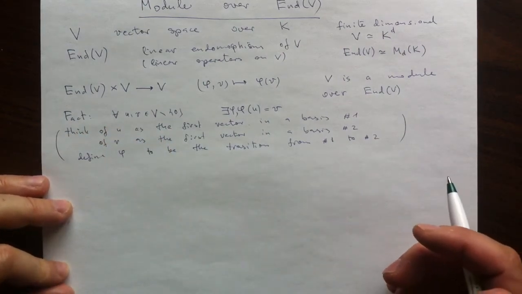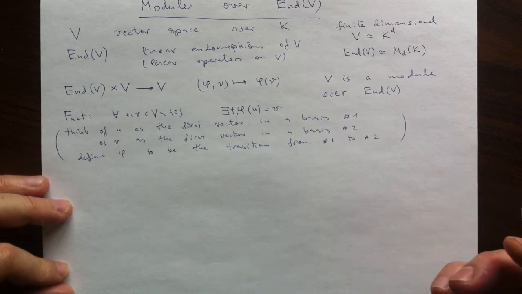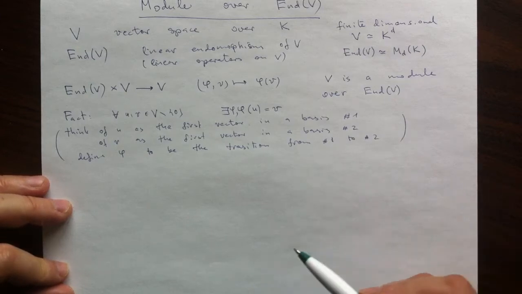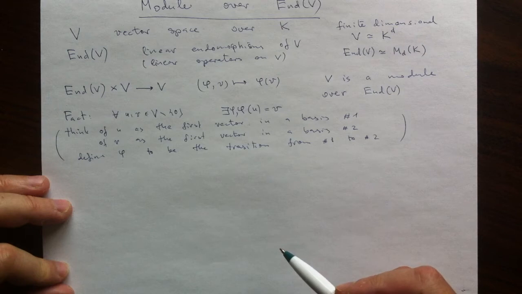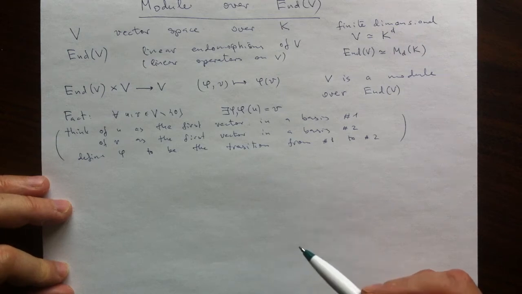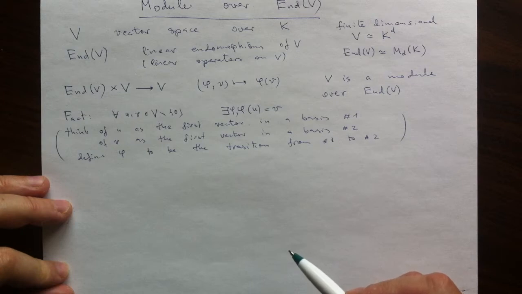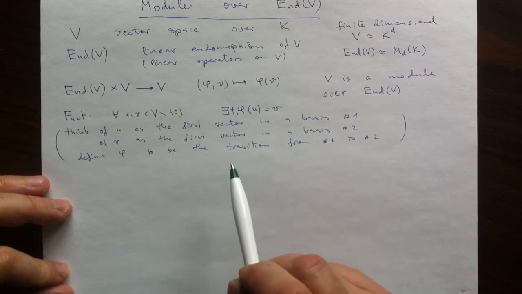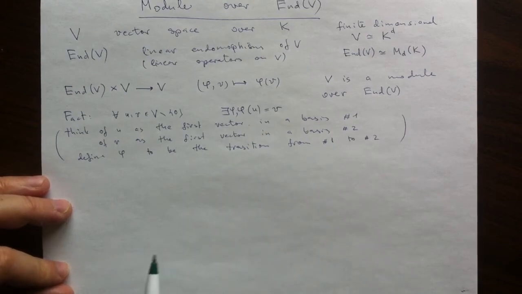This is a result of linear algebra that for any two bases there is a unique linear operator which transforms the first basis vector by vector into the second, and that will just give us our desired phi.